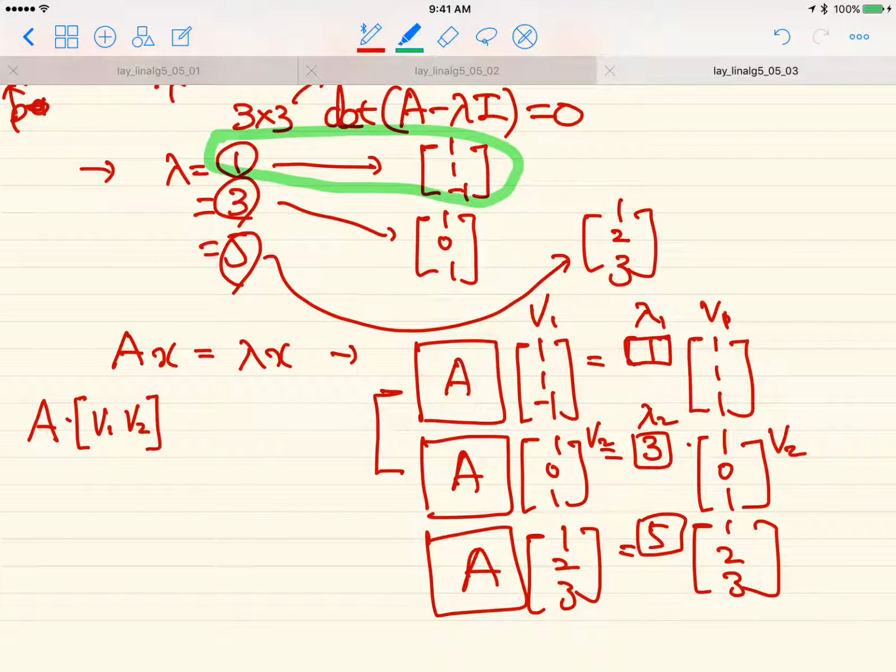And this guy is the same as this guy, and this guy is the same as this guy. Okay, and what will be the resulting matrix representation? So in this case, let's forget about the right part, but focus on this part.